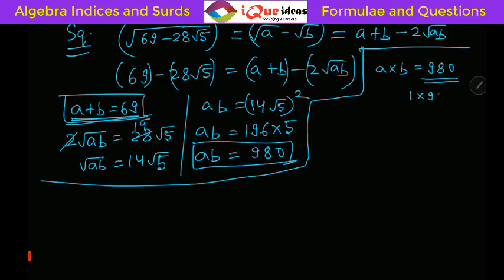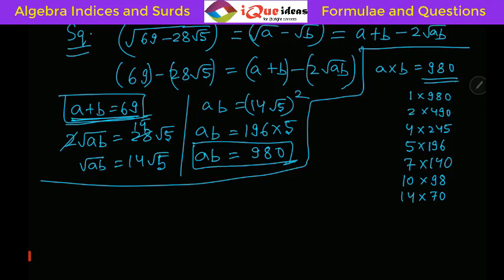Let's see. 1 into 980, 2 into 490, 3 will not be a factor, 4 into 245, 5 into 196, 6 will not be a factor, 7 will be a factor, it will be 140, then 8 will not be a factor, 9 will not be a factor, 10 will be a factor, 10 into 98, 11, 12, 13 will not be a factor, 14 will be a factor, 14 into 70, 15 will not be a factor, 16, 17, 18, 19 will not be a factor, 20 will be a factor, that is 20 into 49.